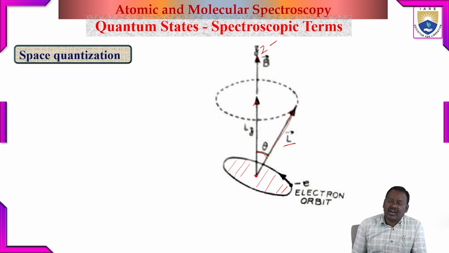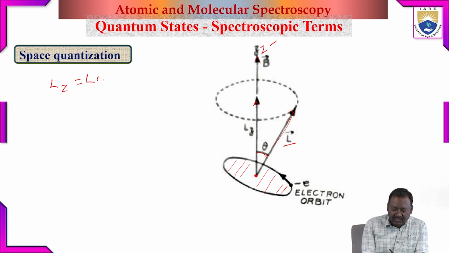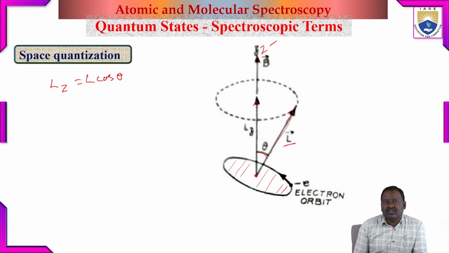The component of orbital angular momentum in the direction of B bar or magnetic field is given by Lz equal to L cos theta, as it is the component along the field direction. It can be written as Lz equal to L cos theta, as theta is the angle between these two, Lz and L bar.